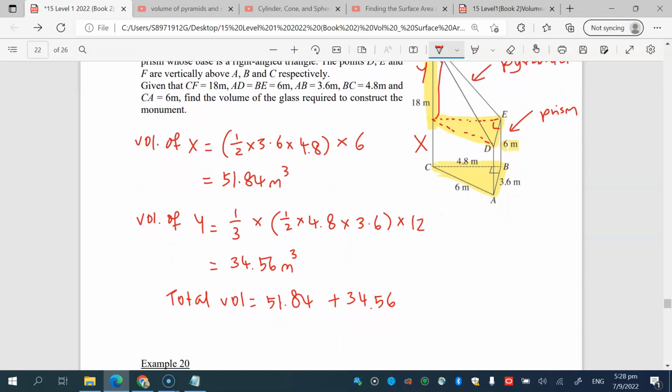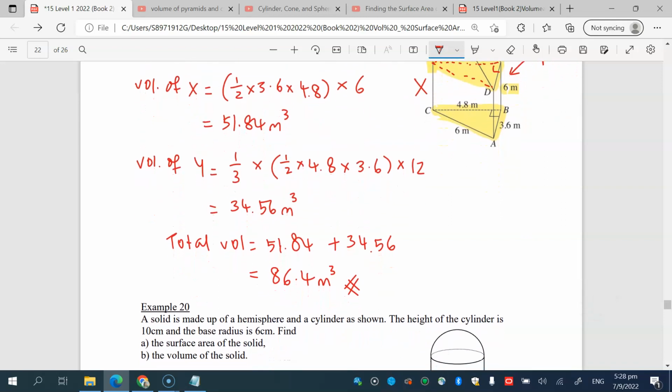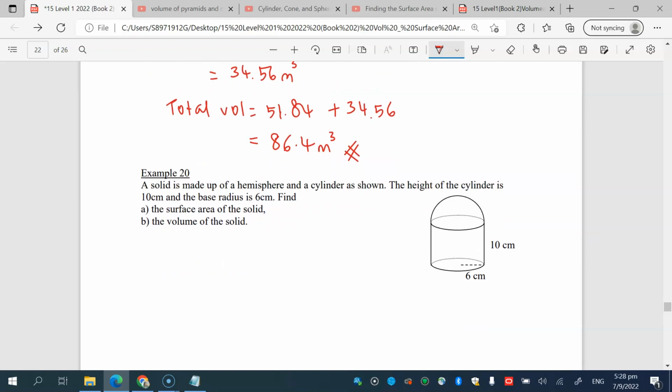And the final answer is 86.4 meter cube. This is an exact answer, so leave it like that. 86.4 meter cube.